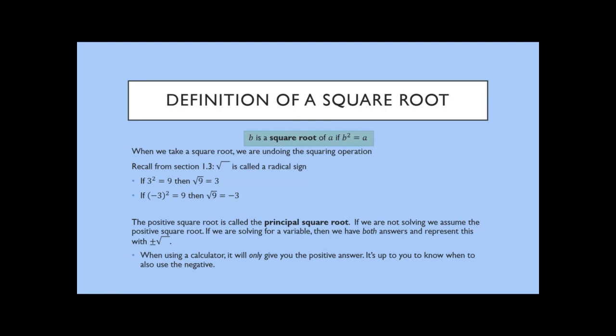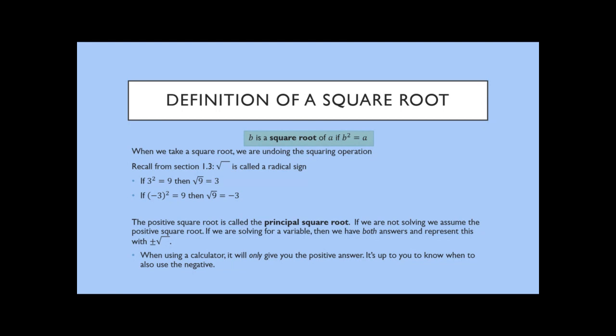So the square root of 9 can also give you a negative 3. So the square roots can basically give you two answers, a positive answer and a negative answer, because whether it's positive or negative, when squared, you always get a positive out. Most of the time we assume the positive solution, and that's called the principal square root because that's the one that we use most often.